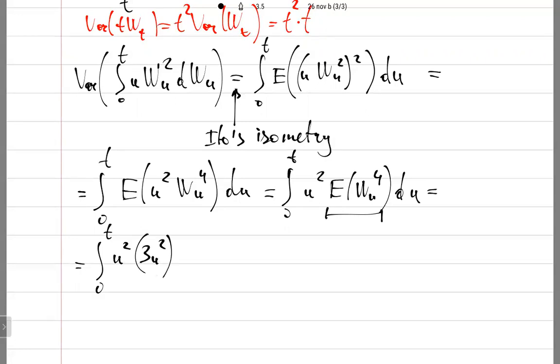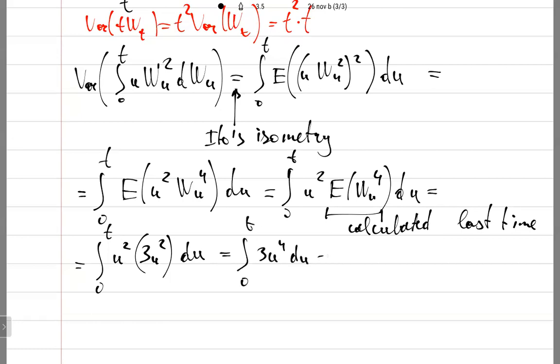Exactly. So it's the integral from 0 to t of 3u to the power 4 du. And it's our old friend from high school. The result is 3t to the power 5 over 5.